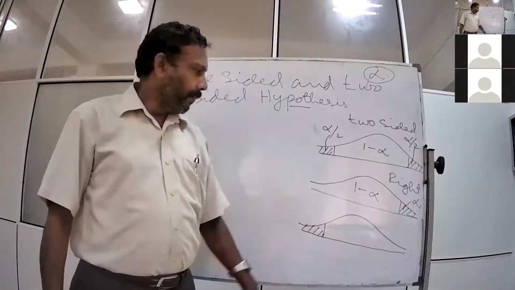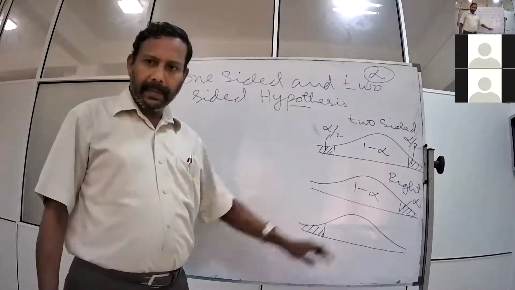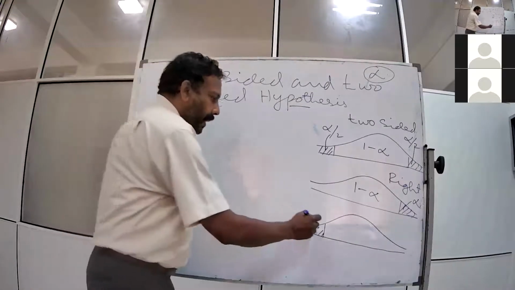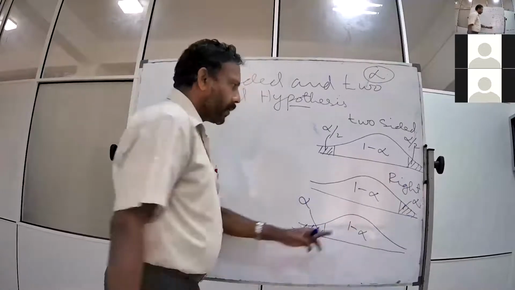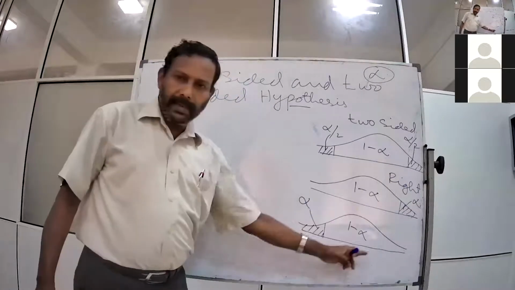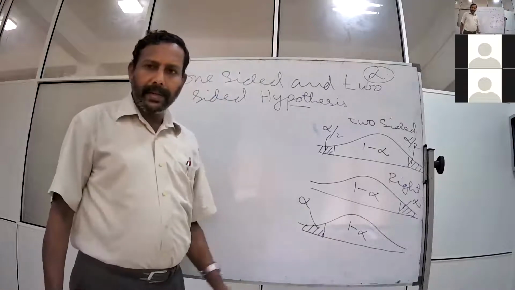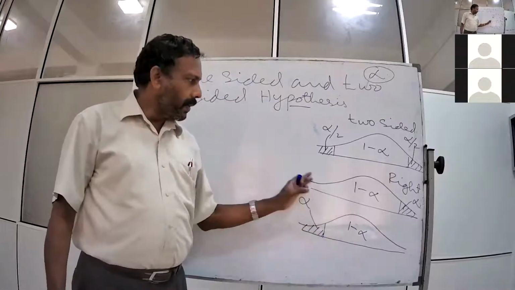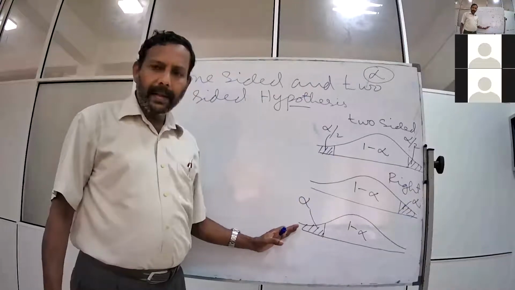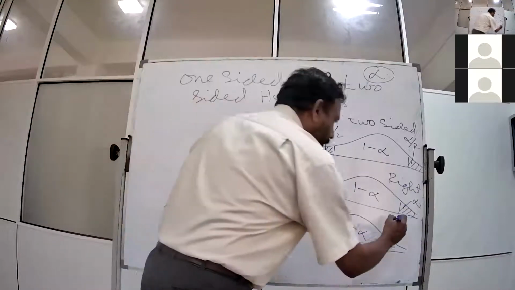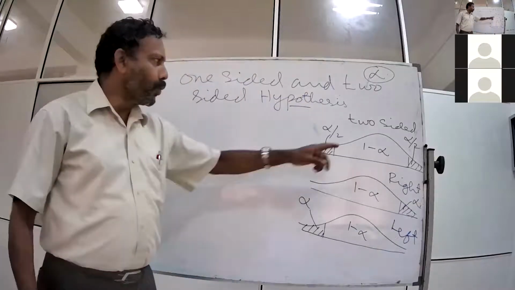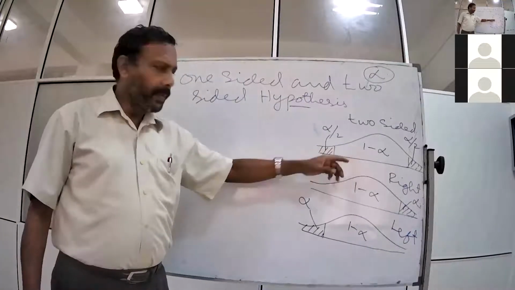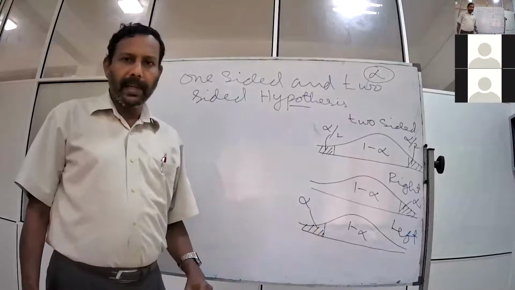So this is one side, but which side is that? Right side. What about this then? The shaded area is alpha. This is 1 minus alpha. So how would you call this particular distribution? This is one side, definitely. Left side, right. Now you understand this is the two-side situation. These are the one-side situations.